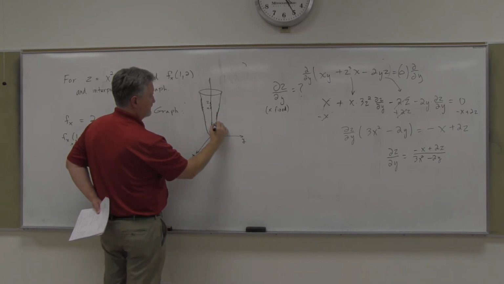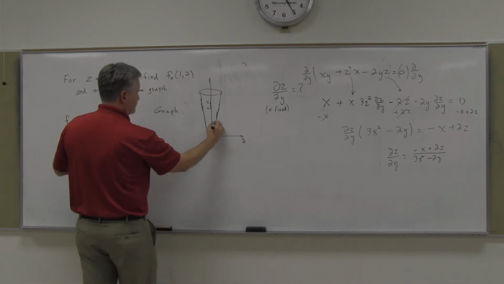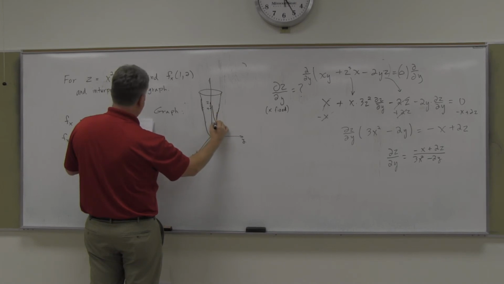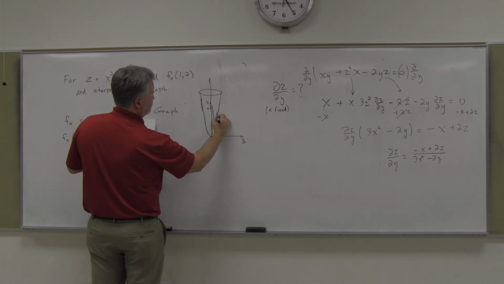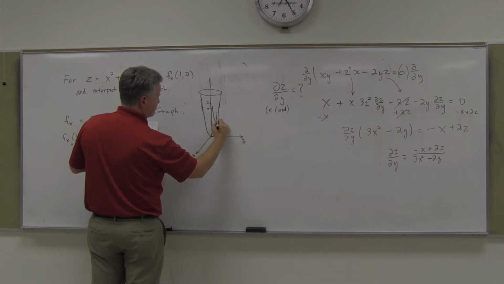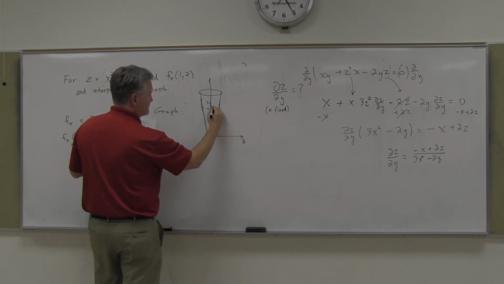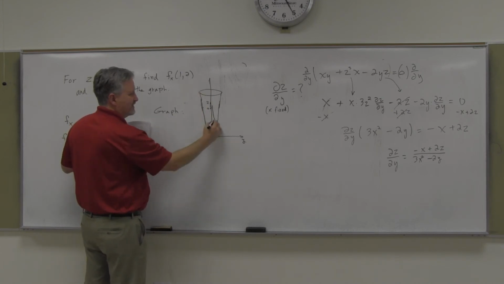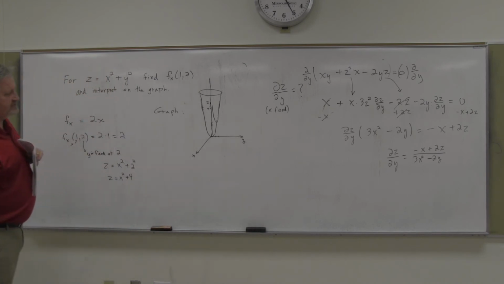So you get this paraboloid intersection. Hard to see it though. It's sliced at y equals 2, and so you get this parabola in the xz plane that's z equals x squared plus 4.